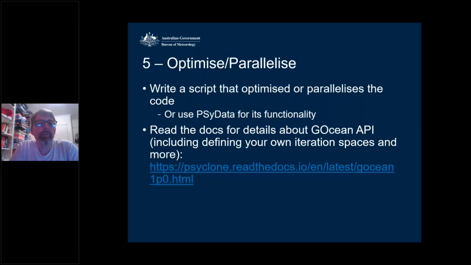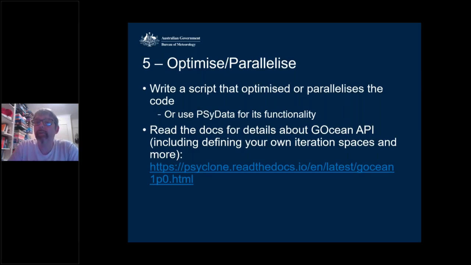And then the fifth step was actually to optimize and parallelize the application. So I wrote a script that optimized and parallelized the code, or used PSyData for functionality like profiling. You have seen the OpenMP code that's been added. It's very similar.